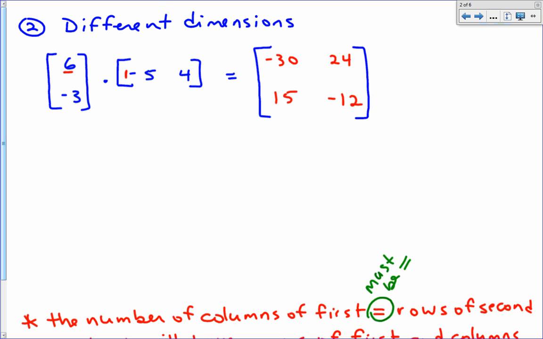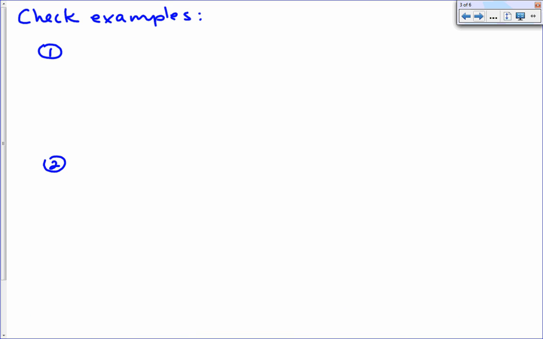Okay, so there's so much talk of rows and columns, so it's easier to illustrate it this way. If I look at example 1, the first matrix was 2 by 2, and the second one was also 2 by 2. In order for me to be able to multiply those two matrices together, the columns of the first and the rows of the second must be equal.